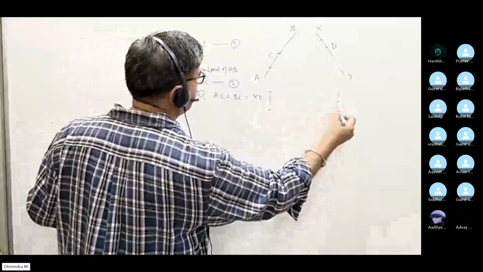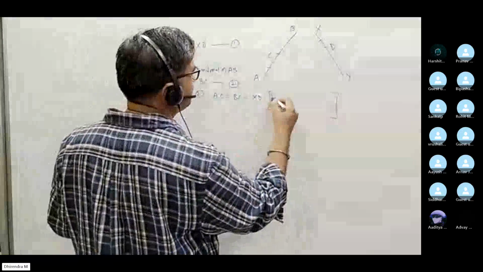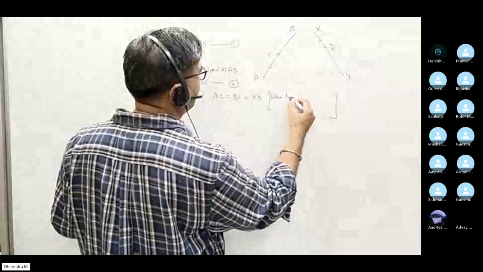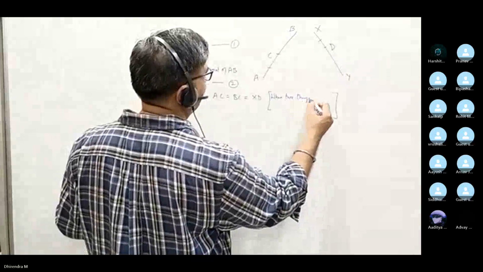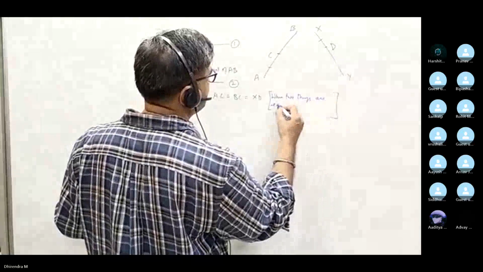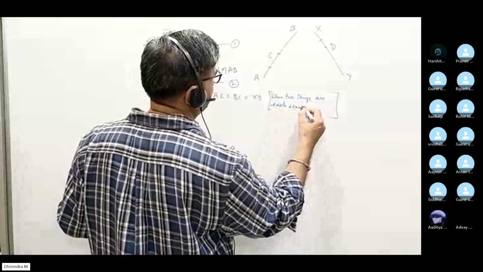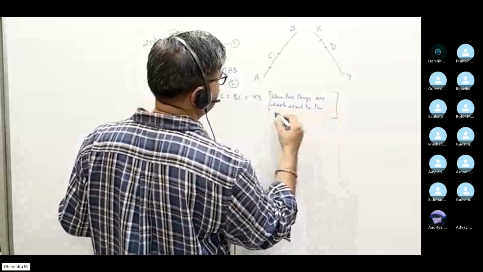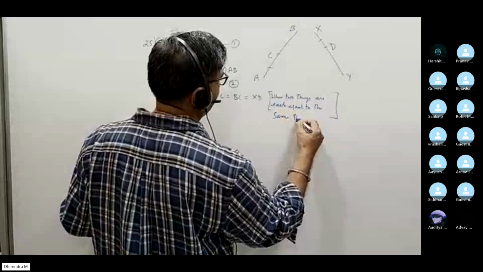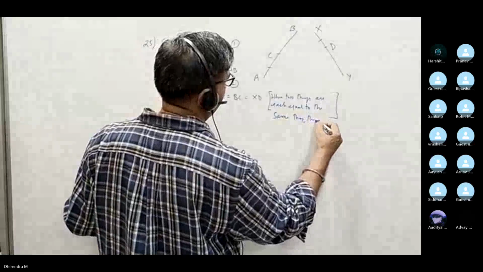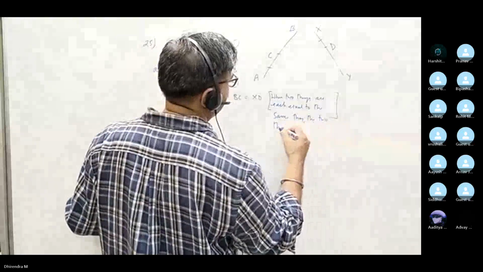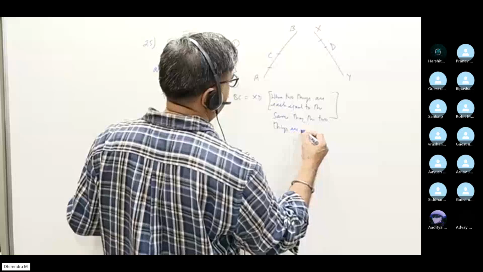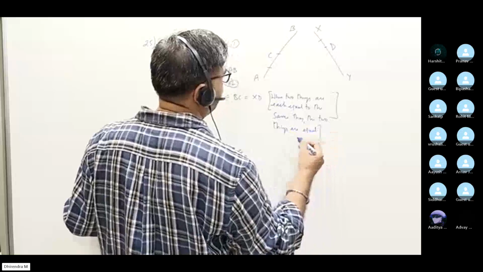And you have got to write the axiom here: when two things are each equal to the same thing, the two things are equal.